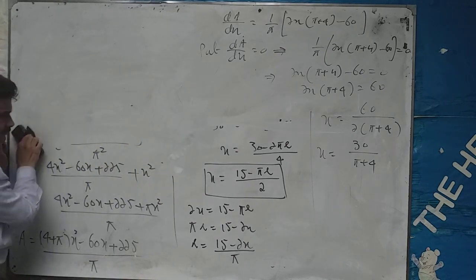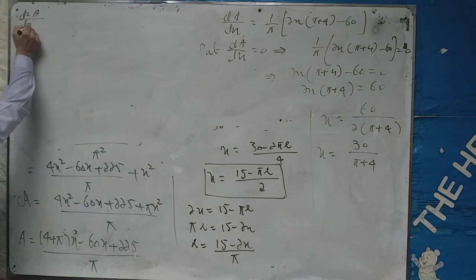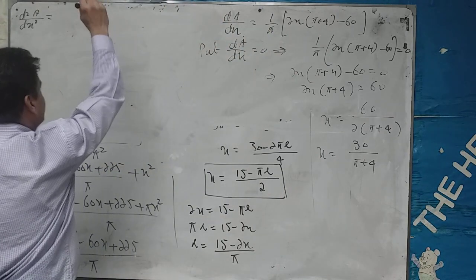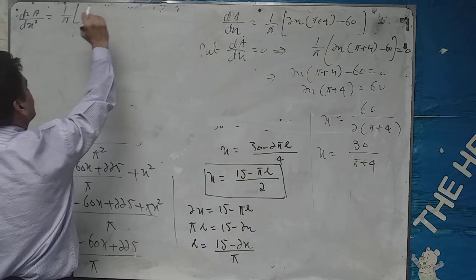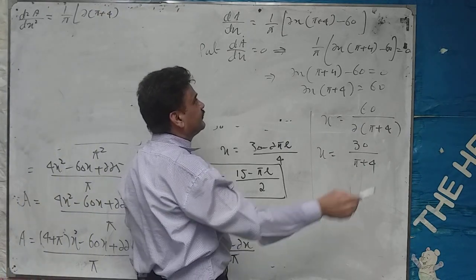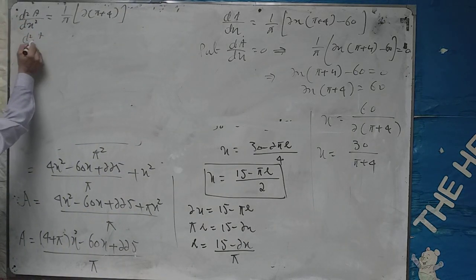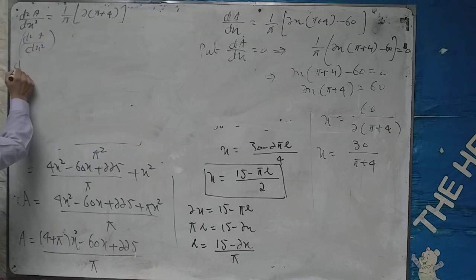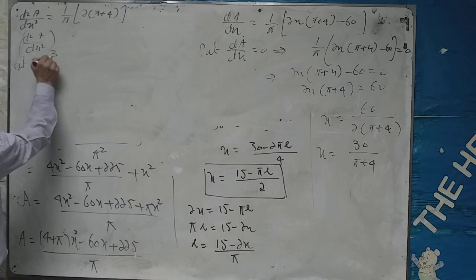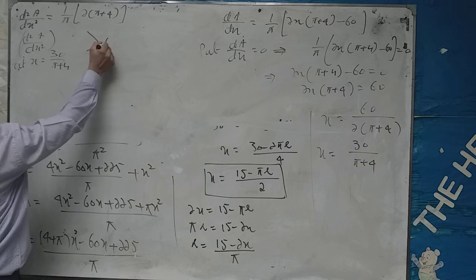By again differentiating, 1 by pi remains as a constant, derivative of x is 1, so 2 multiply pi plus 4, minus derivative of 60 which is constant, 0. d2A by dx square at x is equal to 30 by pi plus 4 is always positive.